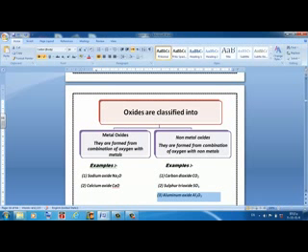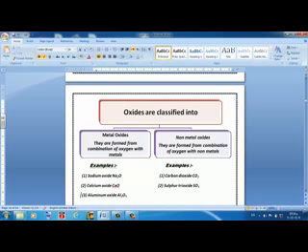Aluminum oxide is also an example of metal oxides because aluminum is a metal. Aluminum, which is metal, reacts with oxygen, which is non-metal, to form aluminum oxide, Al2O3. So in metal oxides we have three examples: sodium oxide, calcium oxide, and aluminum oxide.